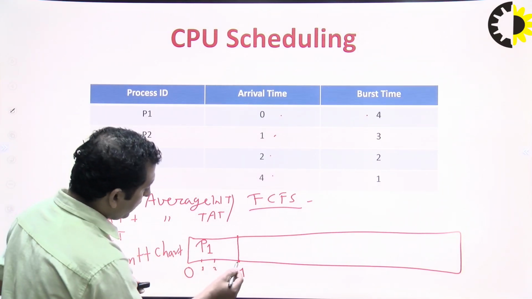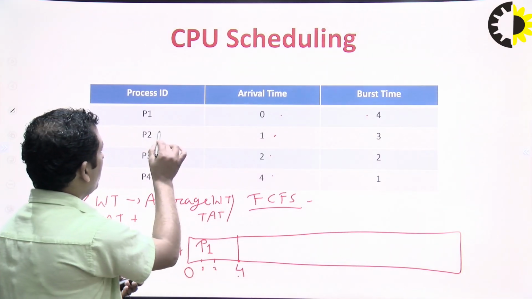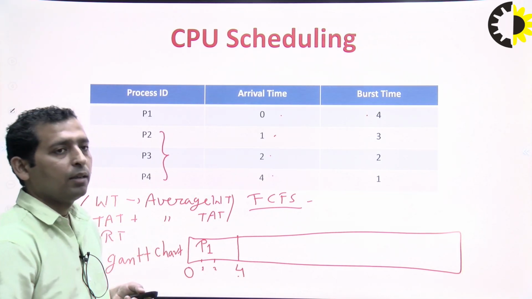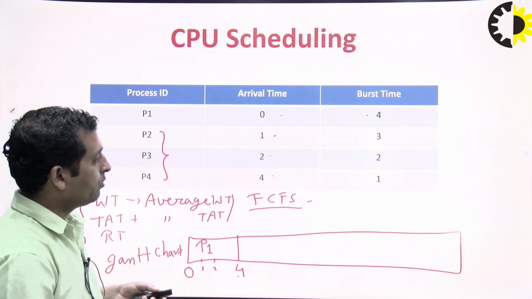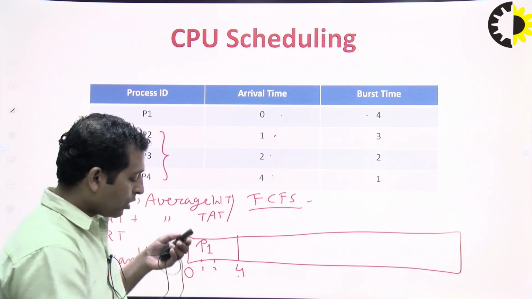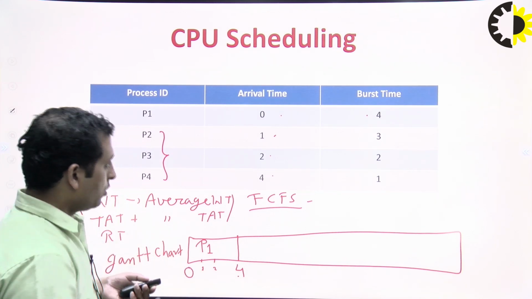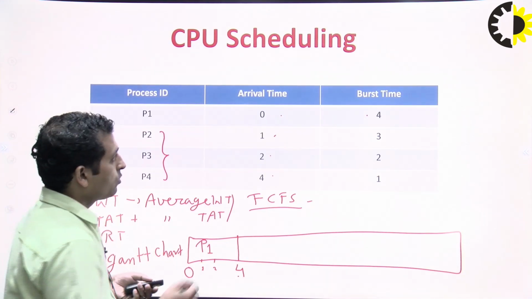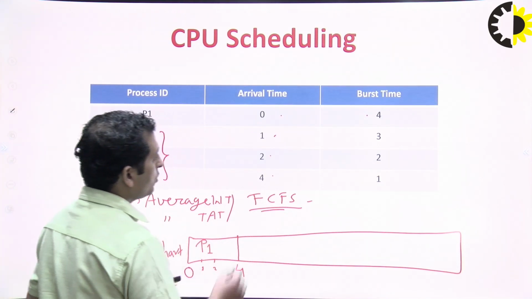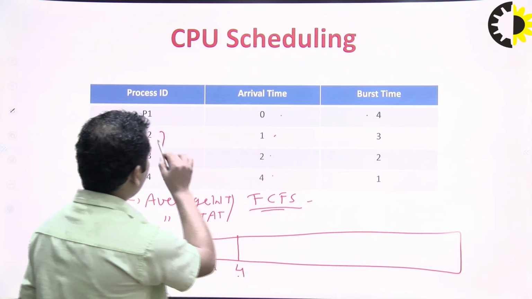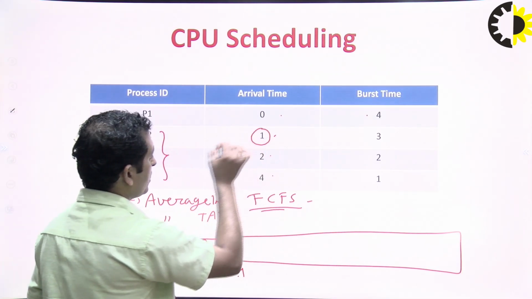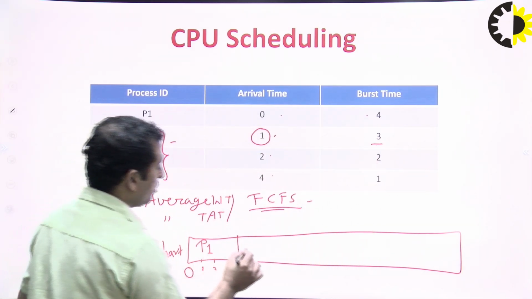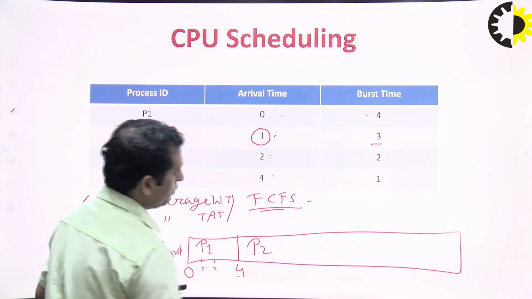So, at time 4, all the processes P2, P3 and P4 are available in the RAM and ready to execute. But how to choose which process will be chosen? By the CPU scheduler. We are using the FCFS approach, first come first serve. Among these 3 processes, this process comes first, so process P2 will be allocated to the CPU and executed.